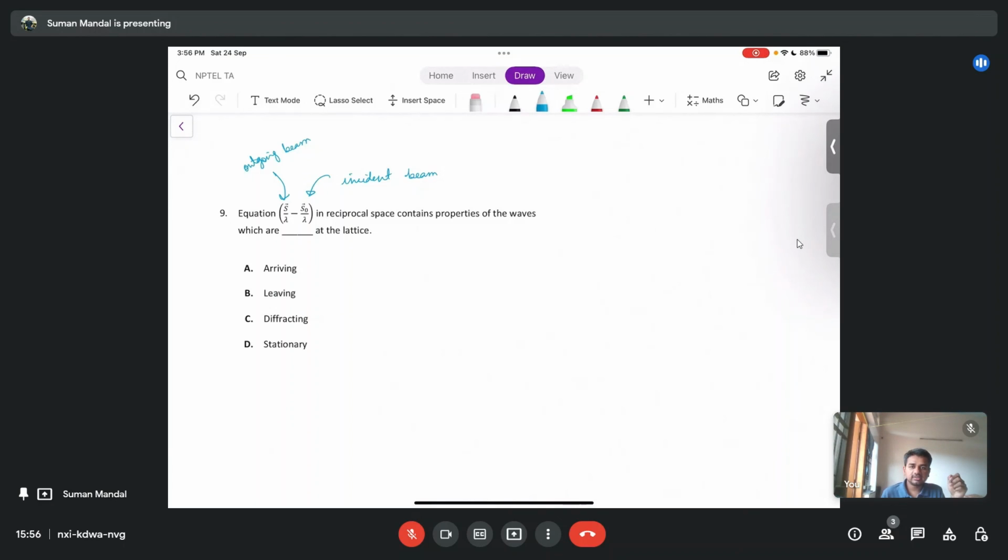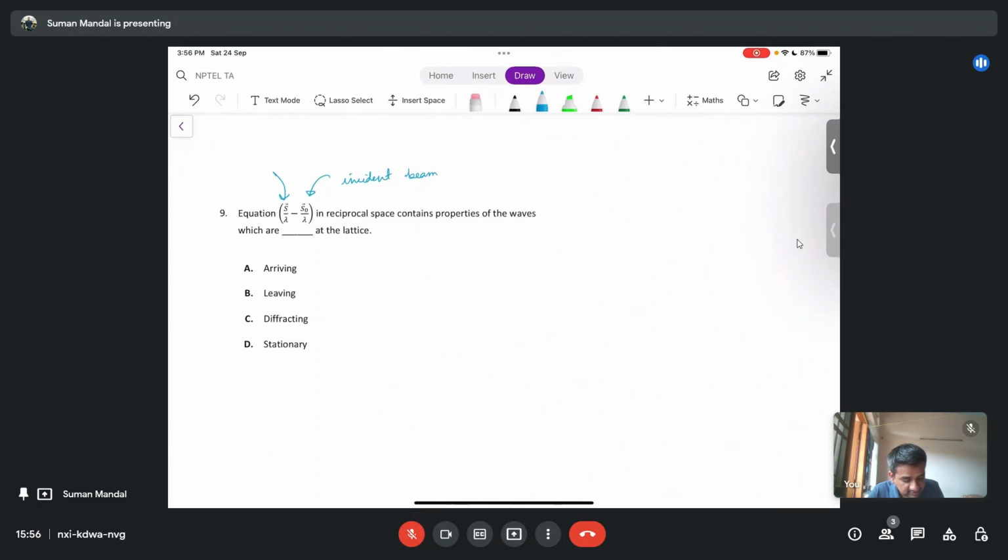So what do these terms signify? These two vectors, which are properties of the wave they consider? Is the question clear? Okay.